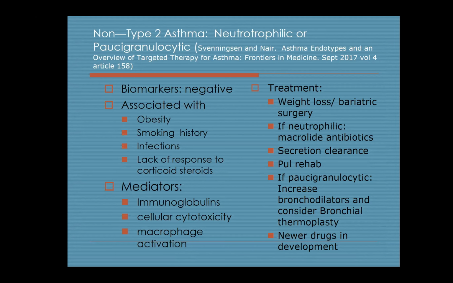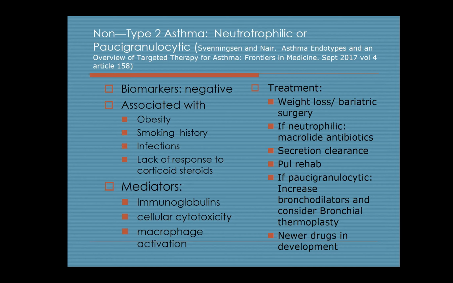Biomarkers negative. It's associated with obesity, smoking, infection, lack of response to steroids. The treatment: weight loss, bariatric surgery, if neutrophilic, macrolide antibiotic, the low dose azithromycin, secretion clearance, pulmonary rehab. If you wind up getting an airway biopsy and they are paucigranulocytic, you're thinking about increased use of bronchodilators because they're not going to respond to inhaled corticosteroids, and even considering bronchial thermoplasty.